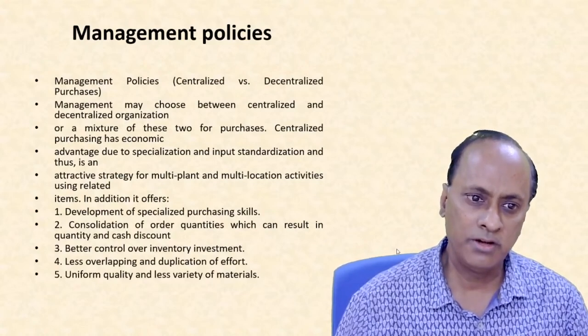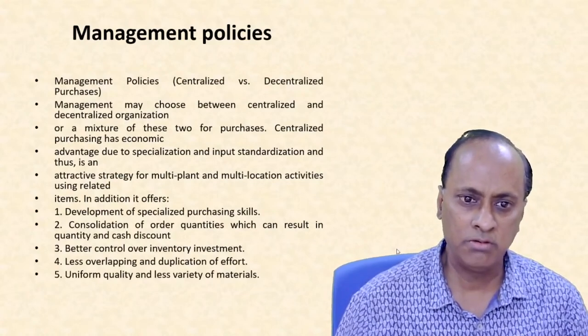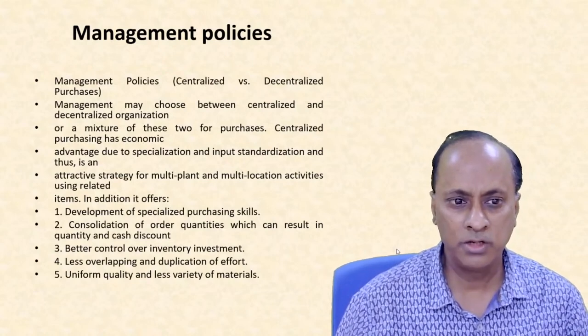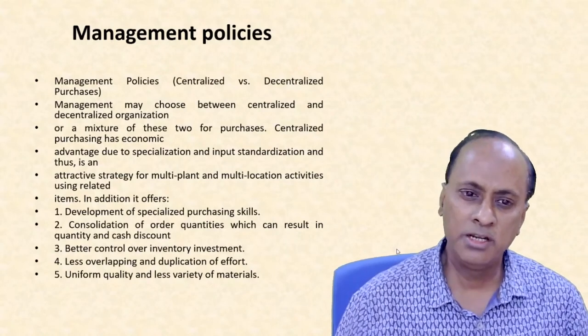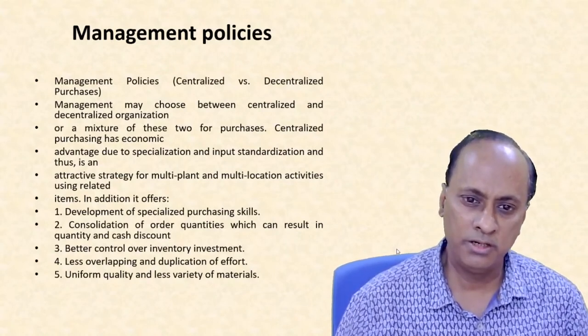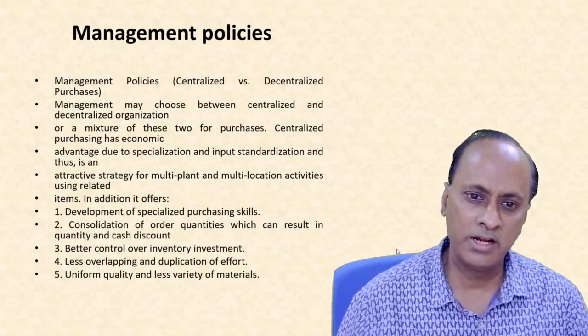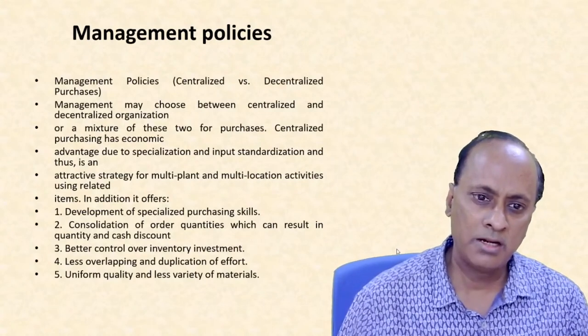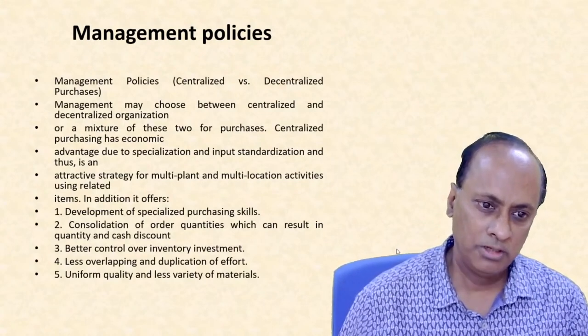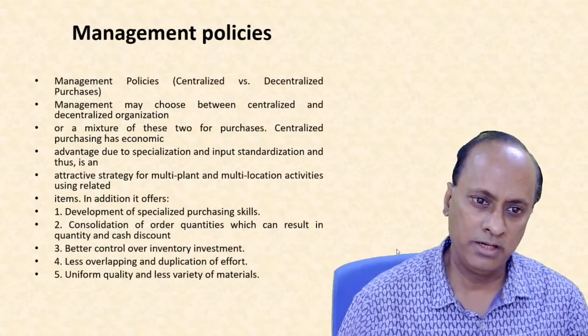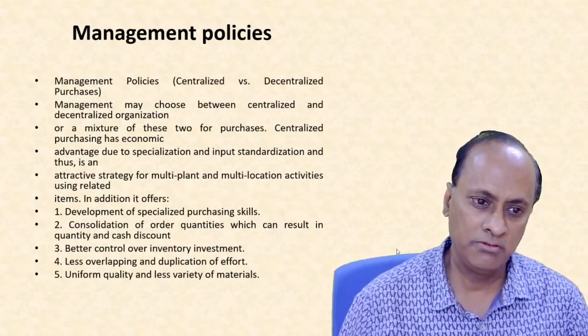So there is economic advantage and it is an attractive strategy for multi-plant and multi-locations. If a firm has multi-plant and multi-location activities, it is better to go for centralized purchasing rather than decentralizing purchasing at the plant level or at the location level. It may add to the cost advantage, or otherwise it will give an economic disadvantage.